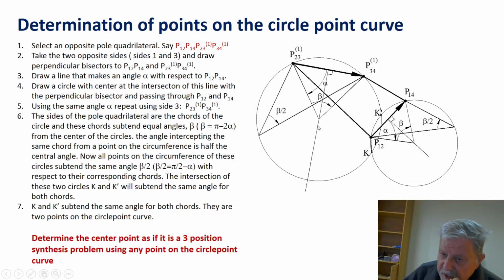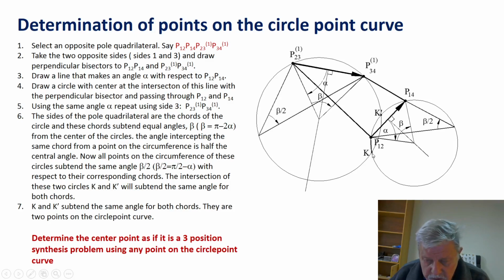The radius will change, and they will always pass through the poles. So you are going to have different circles, intersections, and you are going to pointwise obtain a curve. This is the circle point curve.